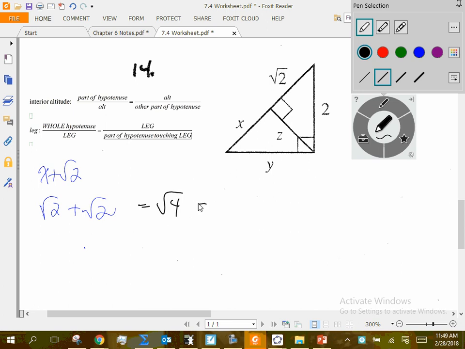Which would be 2, right? Well, think about what this number is. It's 1.4 something. If I had 1.4 and 1.4, do I get 2? No, you get 2.8. So this can't be a true argument, right? Those are not equal.